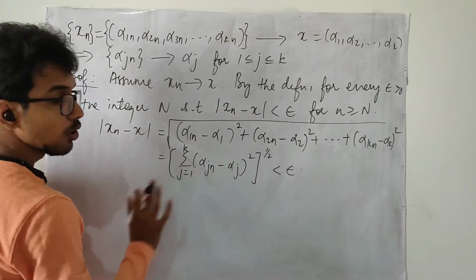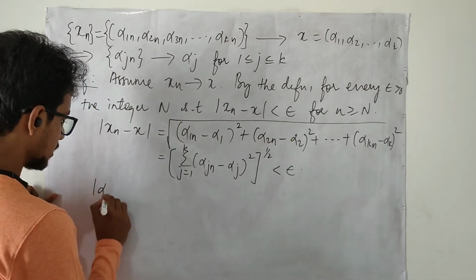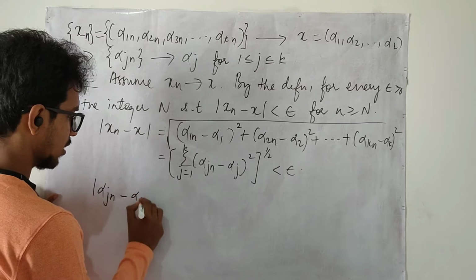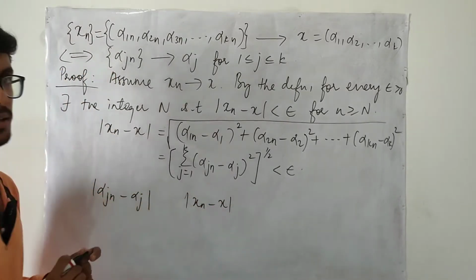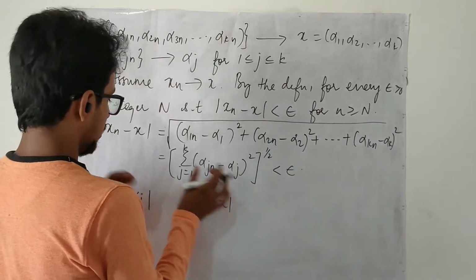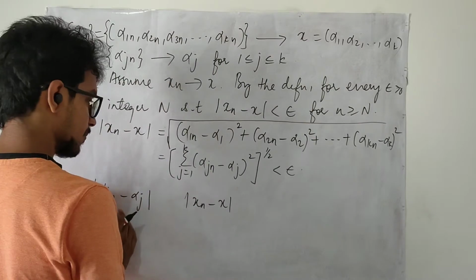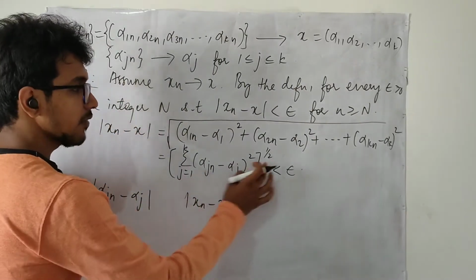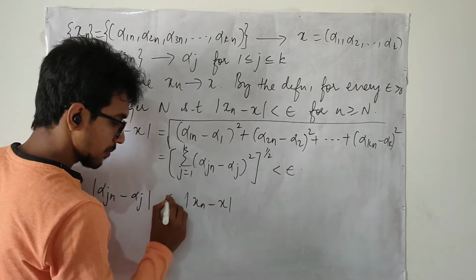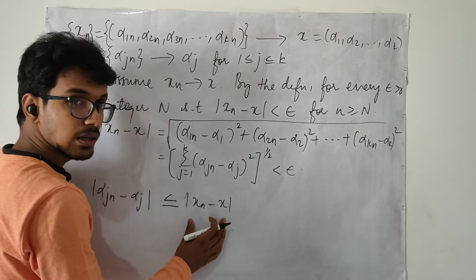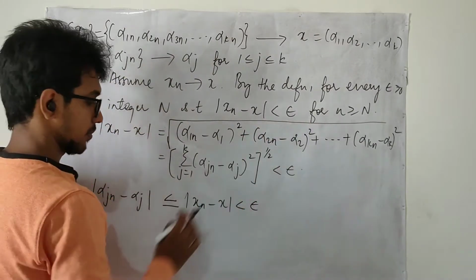Now we will have to do some calculation, some comparison here. What is alpha jn minus alpha j? This is to be compared with absolute of xn minus x. Here we have just squared these terms and made a sum of all such terms, okay? And finally we take a square root, which means this quantity will have to be lesser than or equal to this quantity, right? And this is given to be less than epsilon.